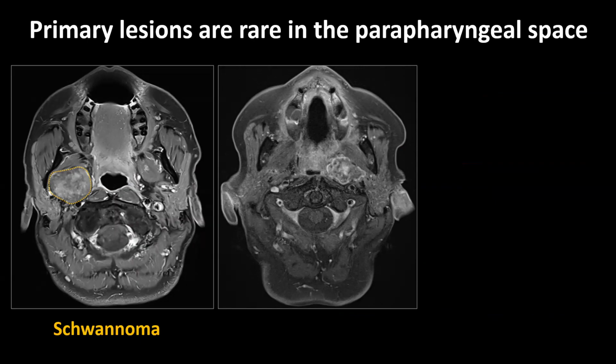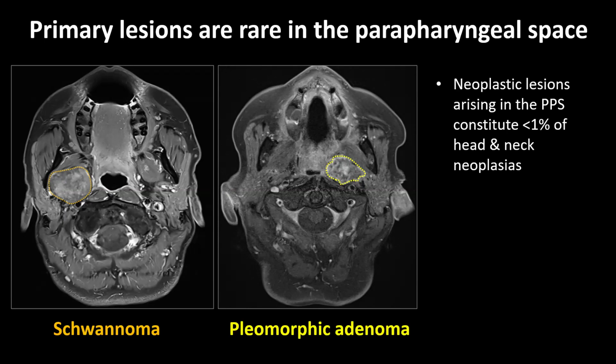This patient had a schwannoma, and remember that the parapharyngeal space contains some nerves, some branches of the mandibular nerve, so that's definitely possible. This patient had a pleomorphic adenoma, and remember that the parapharyngeal space contains some ectopic minor salivary gland remnants, so it is not abnormal that you could develop a minor salivary gland tumor like a pleomorphic adenoma in the parapharyngeal space.